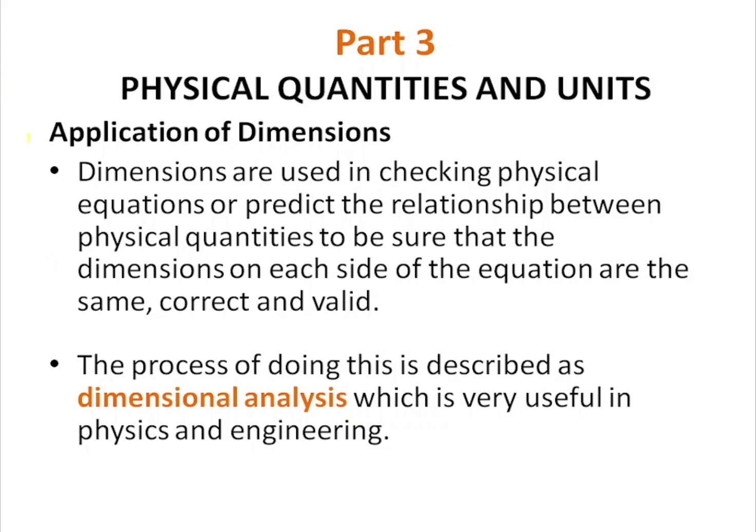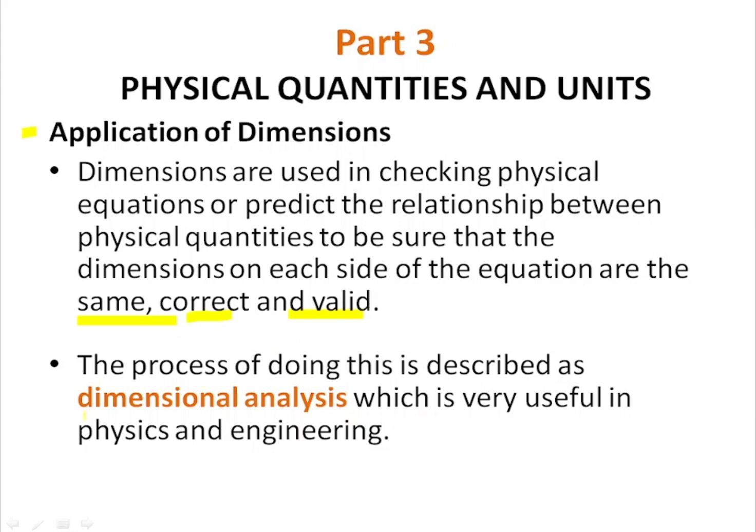Part 3. The application of dimensions. Dimensions are used in checking physical equations or to predict the relationship between physical quantities. To be sure that the dimensions on each side of the equation are the same, correct, and valid.